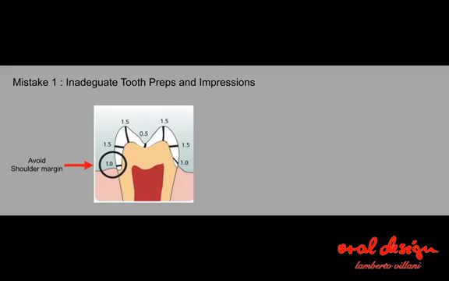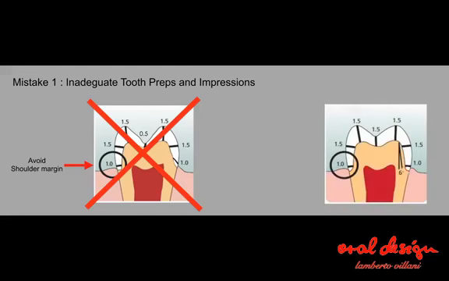And on the occlusal, always give 1.5 space for the ceramic. This is what we want: a nice chamfer and 1.5 all around the occlusal.